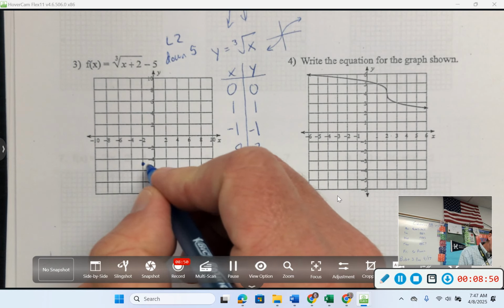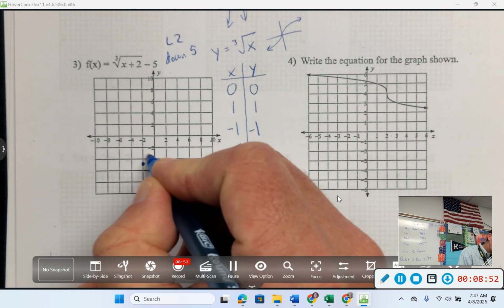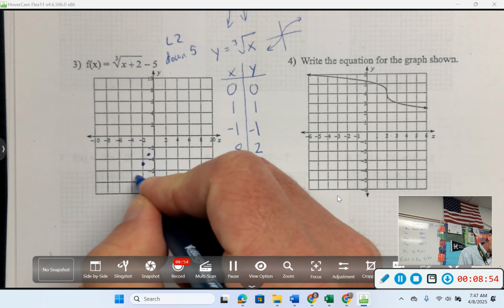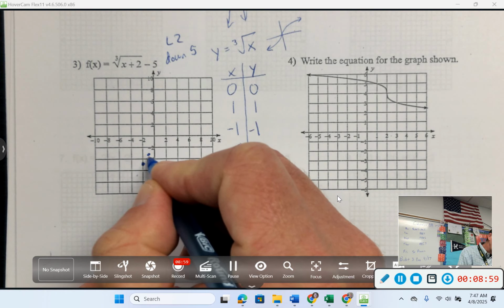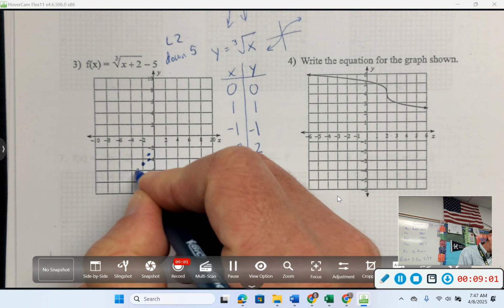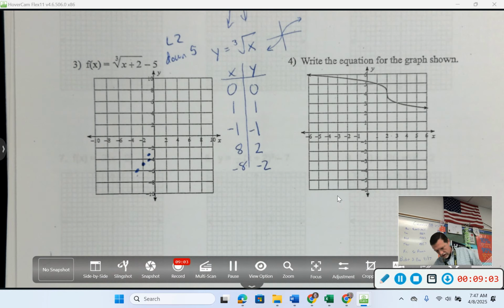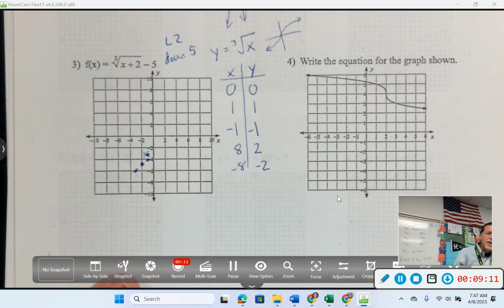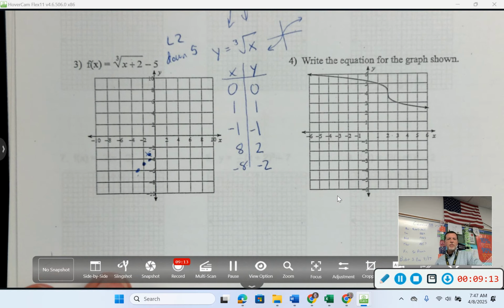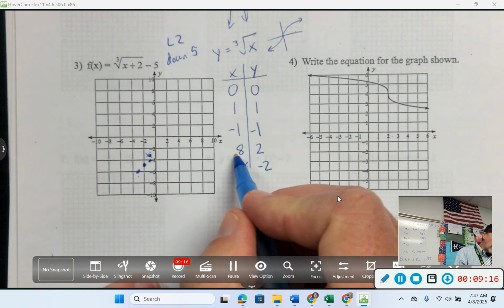We'll go over 1, up 1, down 1, back 1. Whoops, I can't count. The grid's throwing me off there. And some white out up here, but not anymore. So that point's not there. Throw him out. I'll use pencil. And then over 8, up 2.